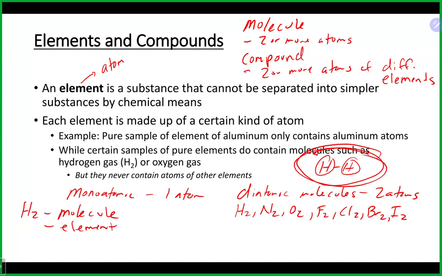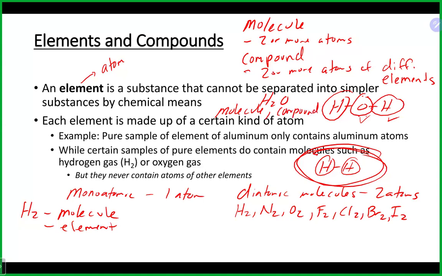It doesn't have other elements involved, so it will not meet that compound classification. Now, if you look at something else we've been talking about, which is our friend water, water is basically two hydrogen atoms and an oxygen atom together. It has definitely 1, 2, and 3 atoms, so it meets the definition of a molecule. There are atoms of oxygen and hydrogen involved, which means it also meets the definition of a compound.